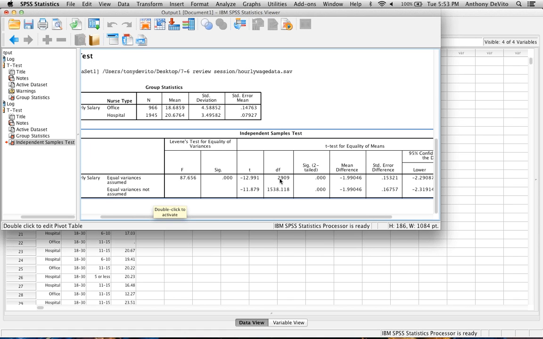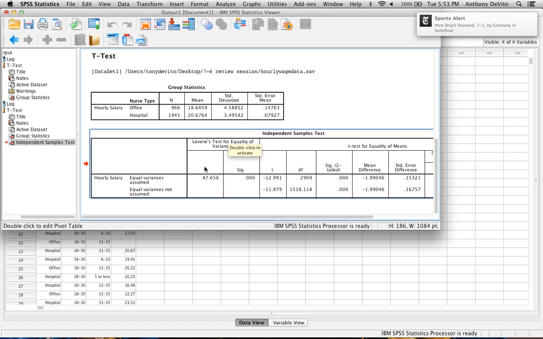And it uses the same formula you would have done to actually calculate this, like pooled standard deviation or not, degrees of freedom, how to calculate it, and so on and so forth. But the way that it decides whether or not to use the top line or the bottom line, or to aid you in deciding, it first does a separate test, which is in these first 5 boxes here. It's called Levene's test for equality of the variances.